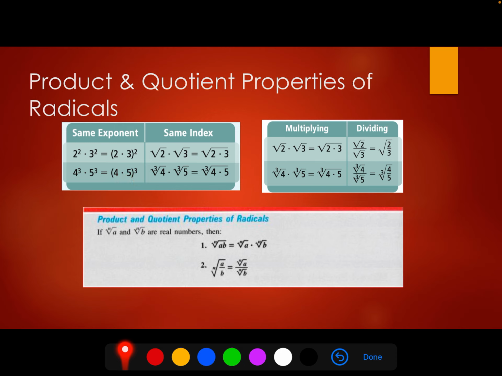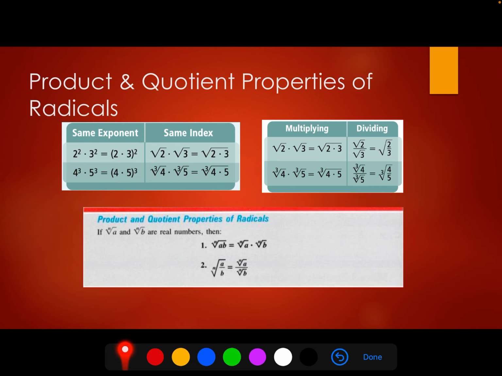We can do the same thing with radicals, right? So if we remember the index from before, that's just that little number on the outside of our radical sign. If you have two radicals that have the same index, we can multiply those together, right?